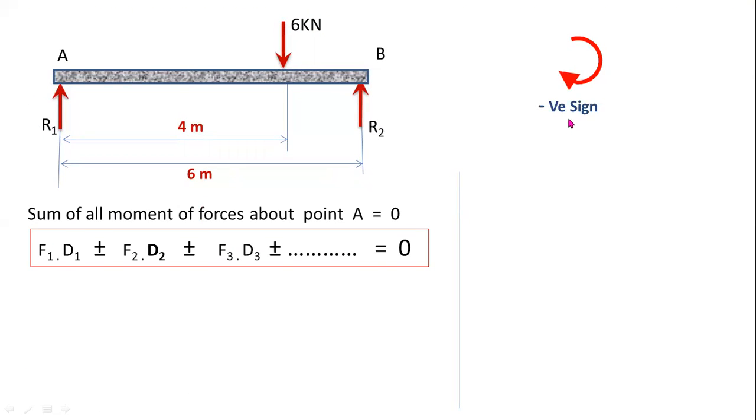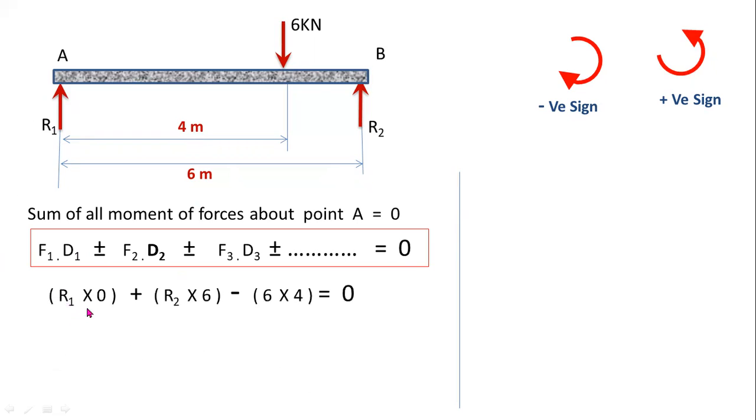For clockwise moment, you have to consider negative sign. For anti-clockwise moment, you have to consider positive sign. So for R1, the force is R1 and the perpendicular distance is 0, so R1 into 0. Now 6 meters is the perpendicular distance between point A and reaction force R2, so R2 into 6 meters.